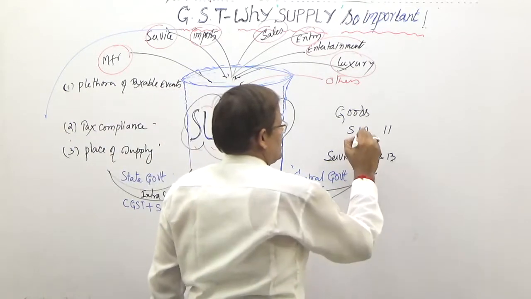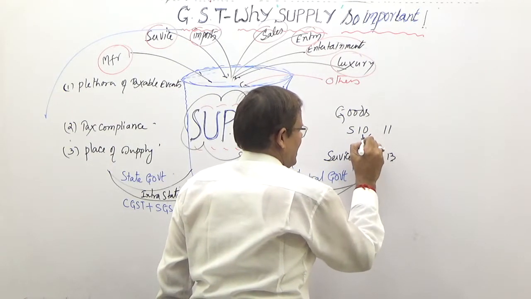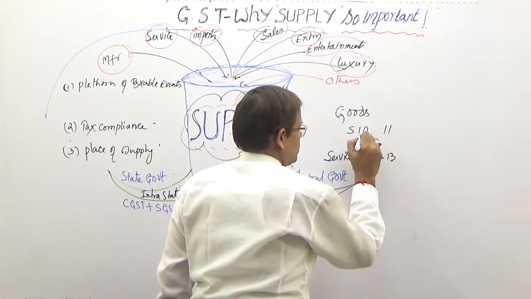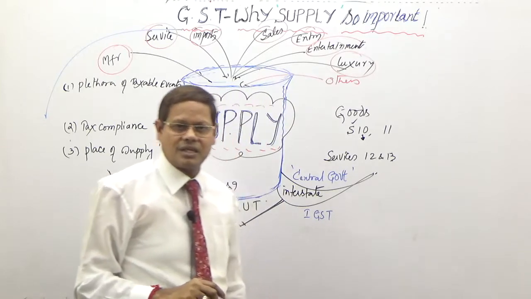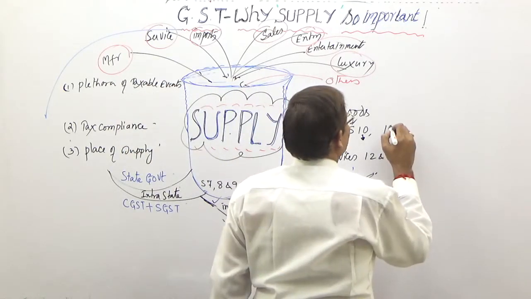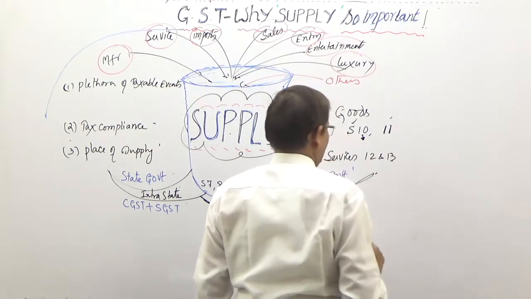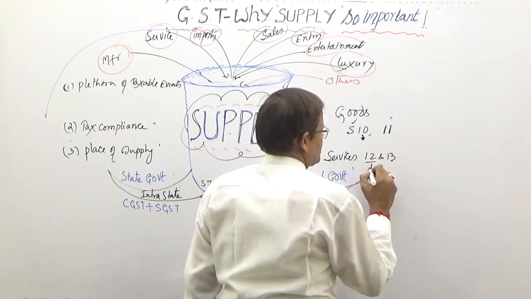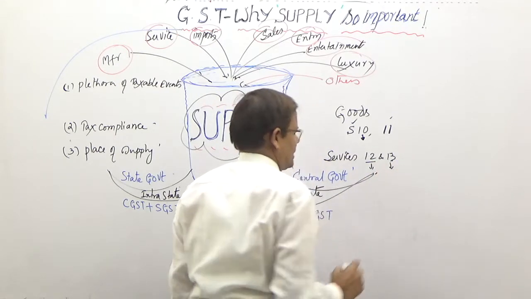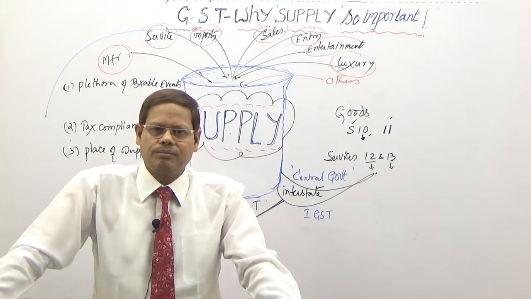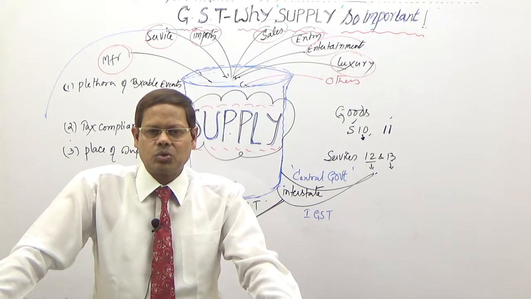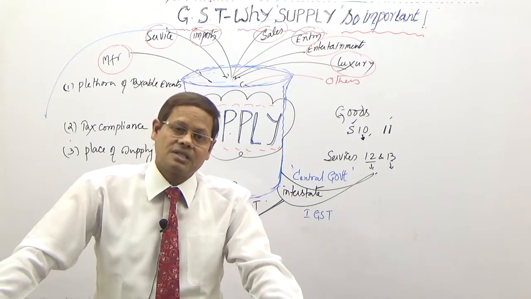For goods, if it is other than import or export, it is section 10, indigenous. If it is import or export, you have to refer to section 11, and in case of services, section 12 read with section 13. Section 12 is like the Place of Provision of Services Rules 2012 under the earlier scheme.